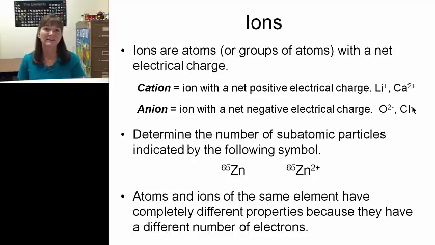To determine the number of subatomic particles, protons, neutrons, and electrons, indicated by the following symbol: I'm being kind of lazy here and not giving you the complete nuclear symbol. If I ask you for the nuclear symbol, I want the mass number in the upper left-hand corner and the atomic number in the lower left-hand corner. But you can get the atomic number from the periodic table, which I'm going to show you in a little bit.